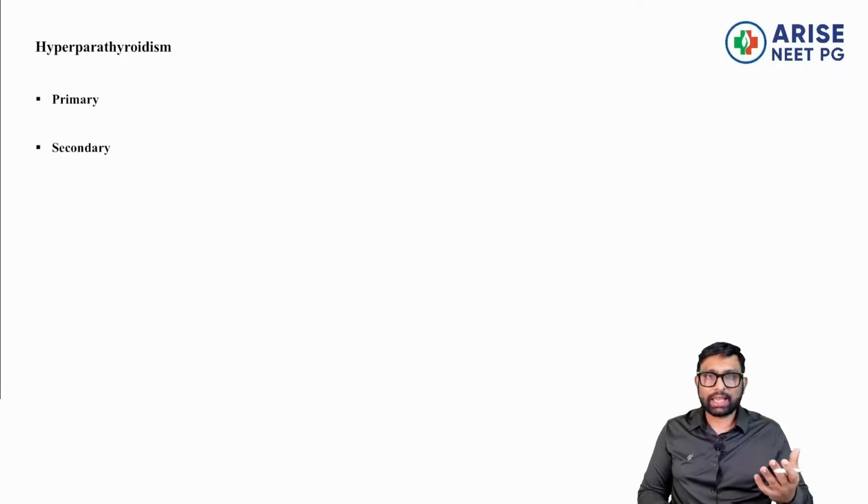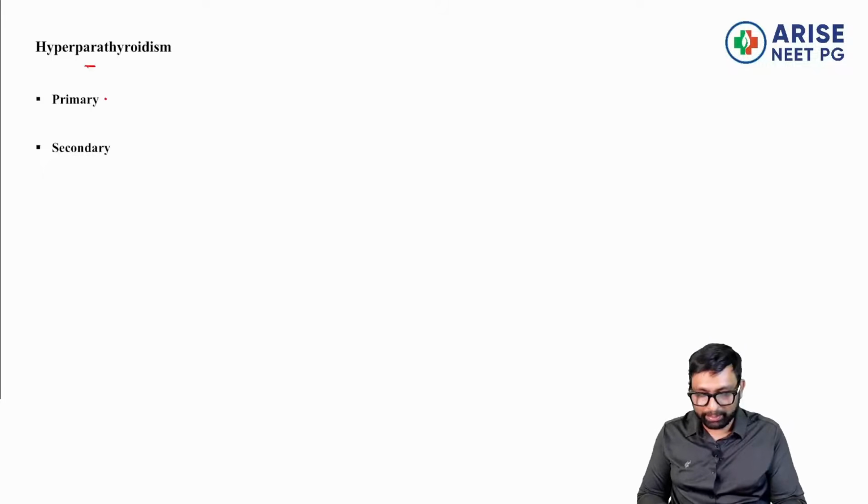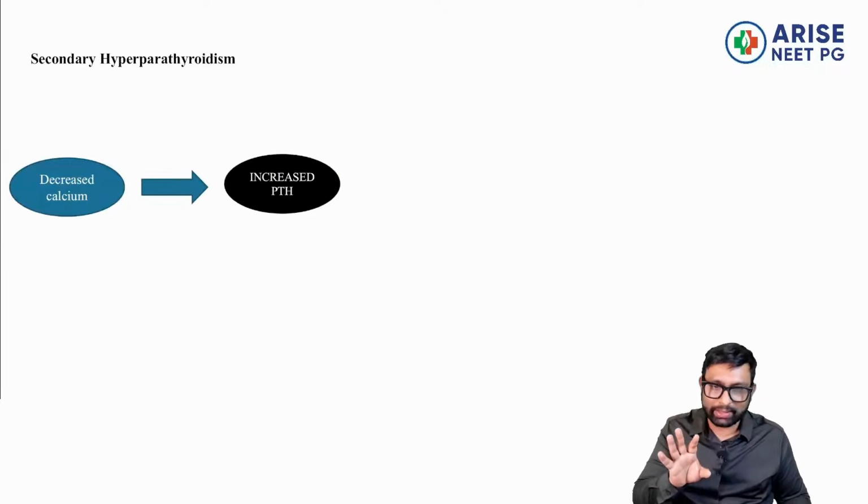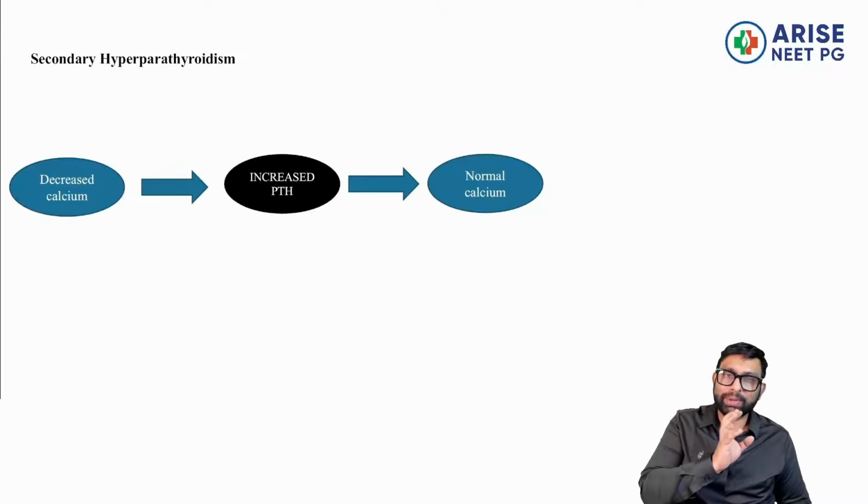The next is hyperparathyroidism. Let's understand what happens in hyperparathyroidism. We have two types, primary and secondary. In secondary, patients have decreased calcium, and because of that there is increased PTH. We know that if there is decreased calcium, the body's feedback causes increased PTH, and this normalizes the calcium.